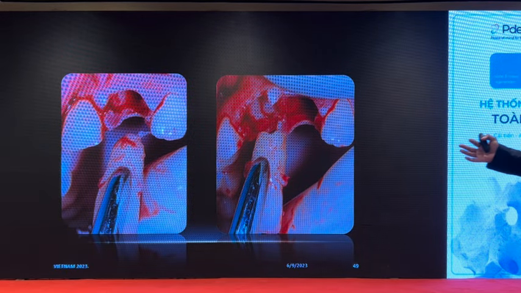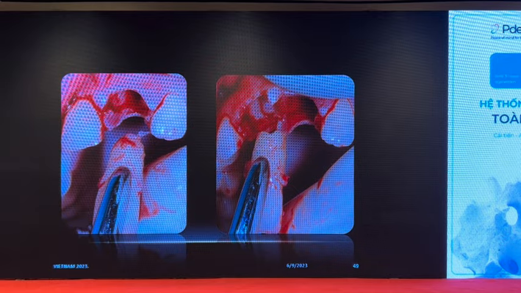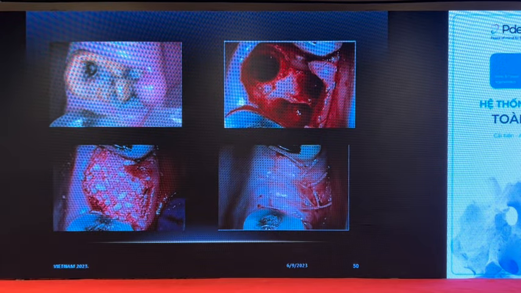So, when we have such a gentle tooth extraction, we can easily treat this wound with augmentation material and get excellent results.